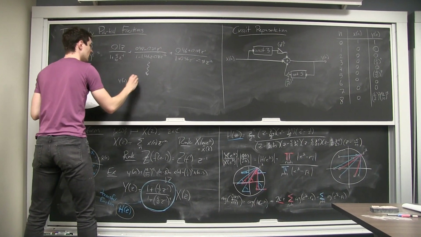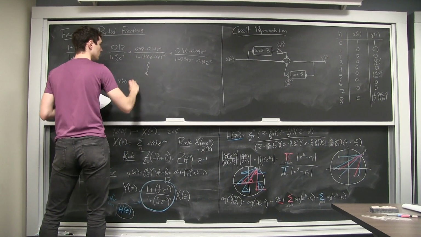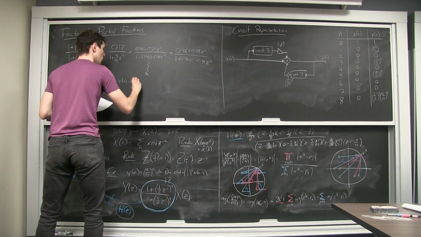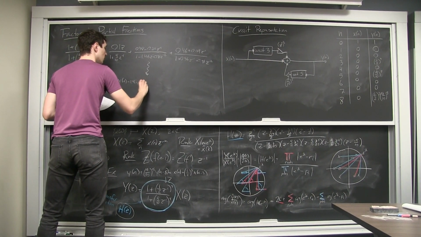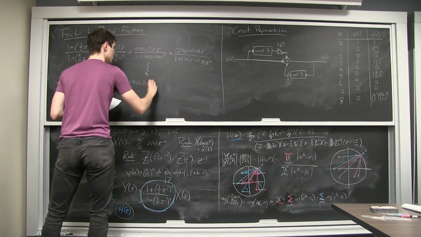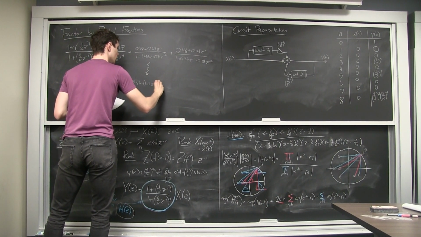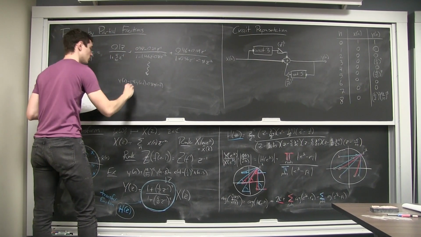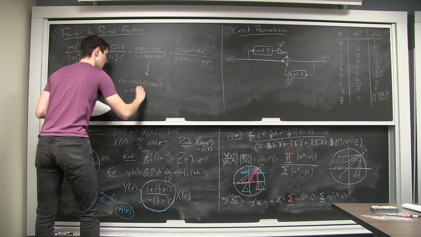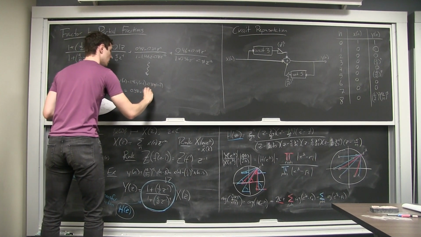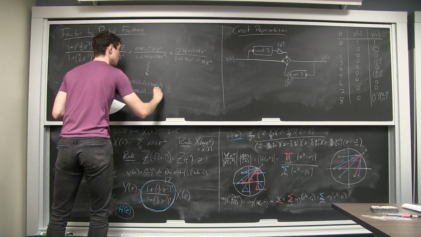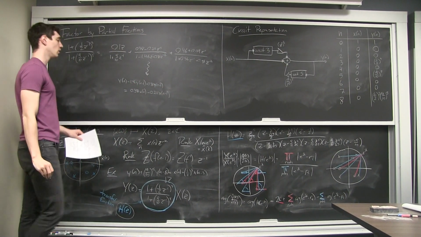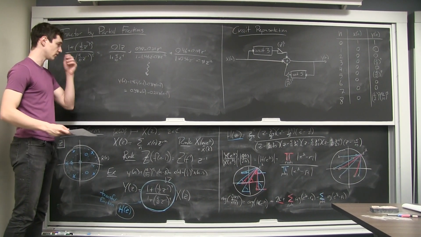So this gives me y of n, it should be Z inverse, minus 1.46 y of n minus 1 plus 0.81 y of n minus 2 is equal to, the numerator gives me my convolution with the x, 0.38 x of n minus 0.24 x of n minus 1. Okay, and this is, right, like the clear instructions for a filter.